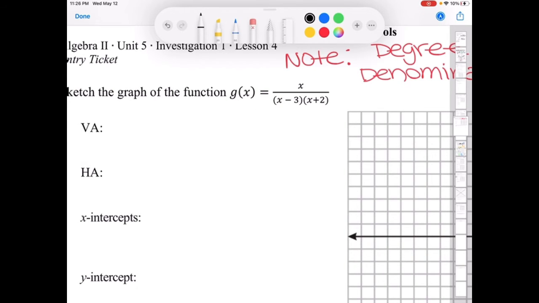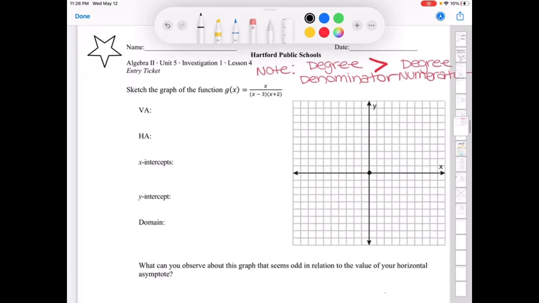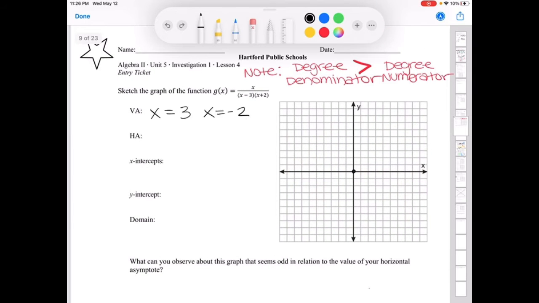Well, 3. So I'm going to have an asymptote at 3, and an asymptote at negative 2, because negative 2 plus 2 would give me another 0 in the denominator. That makes my function undefined. So my restrictions are x is equal to 3 and x is equal to negative 2. If you draw that on your graph, it's going to be a dashed line because it's not inclusive of your function.